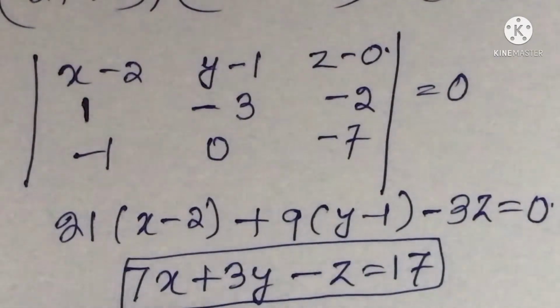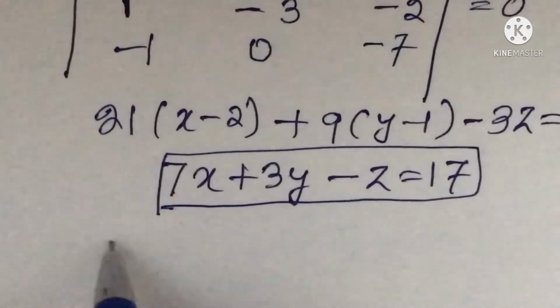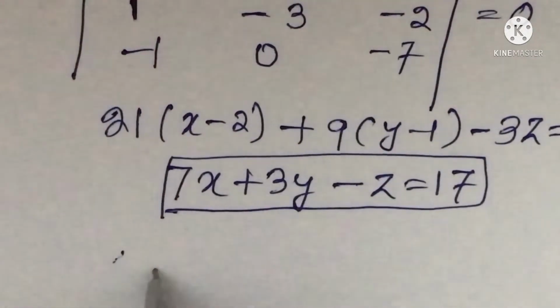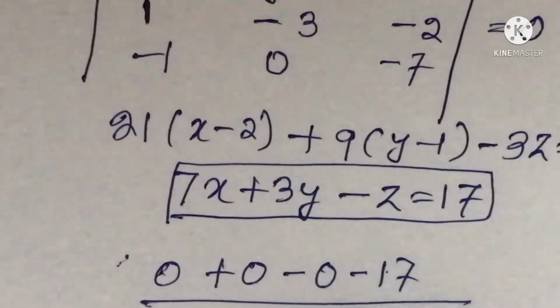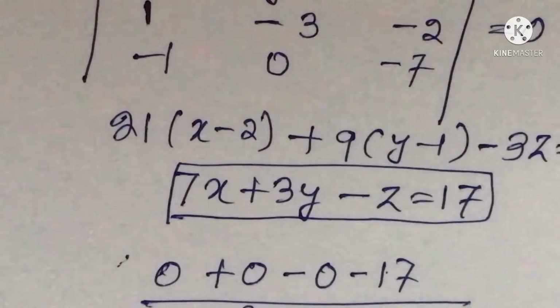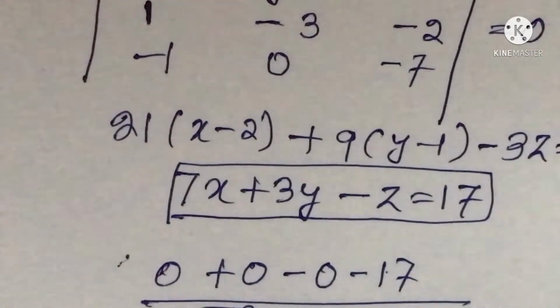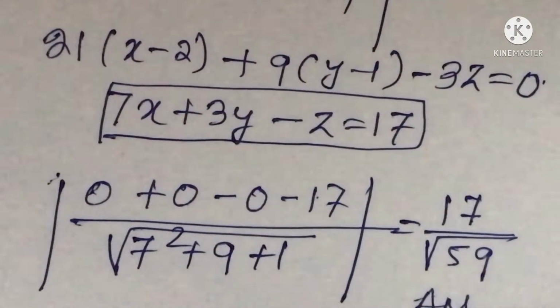Next, we have to find out the distance of this plane from origin. Distance from origin is 0 plus 0 minus 7 by root of 7 square plus 9 plus 1. So this is equal to 7 by root 59. So this is the answer.